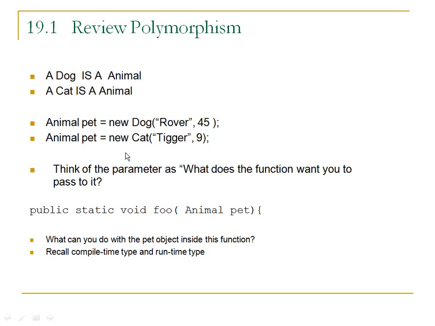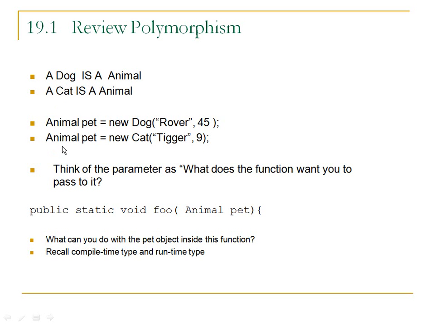So anything that is an Animal can be assigned to a variable whose compile time type is Animal, including Dog and Cat and things that inherit from those, like a Siamese cat is a cat and a greyhound is a dog. Those inheritance hierarchies can get deeper, and you can still use the superclass's name as the compile time type.